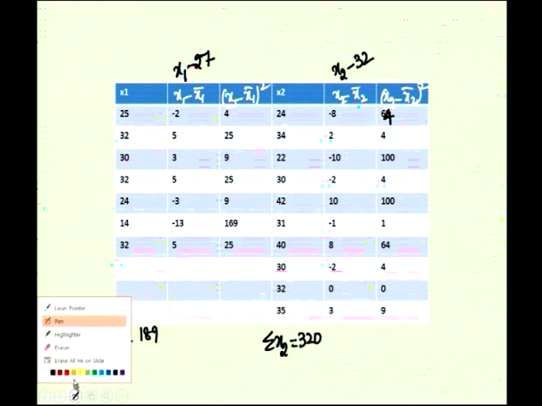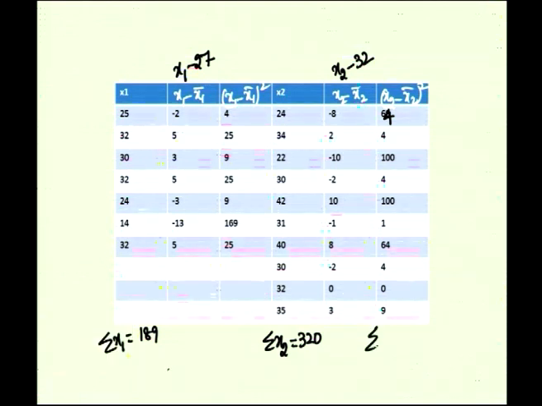So summation x2 minus x2 bar whole square is equal to 350. Similarly, summation x1 minus x1 bar whole square is equal to 266.